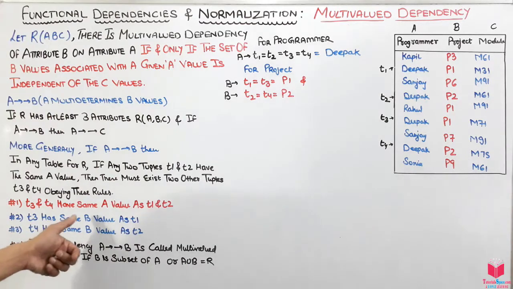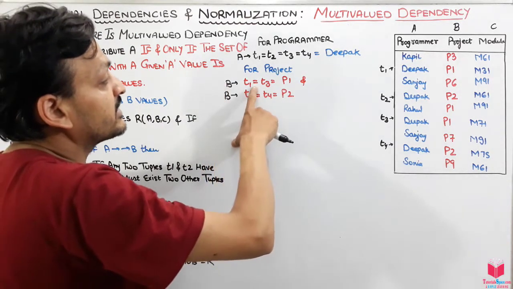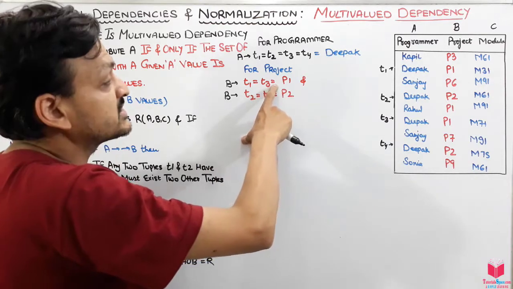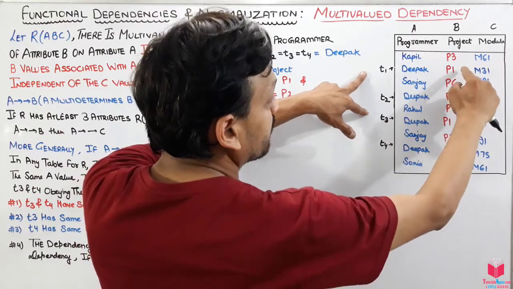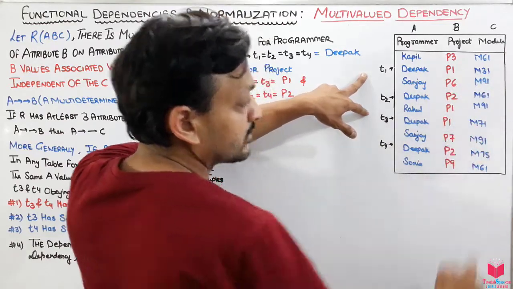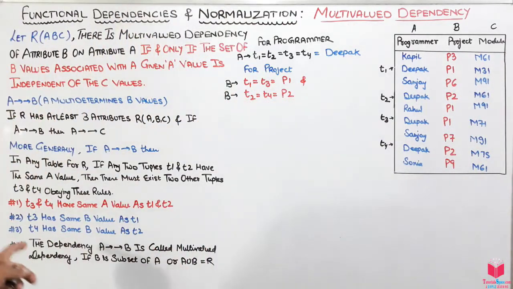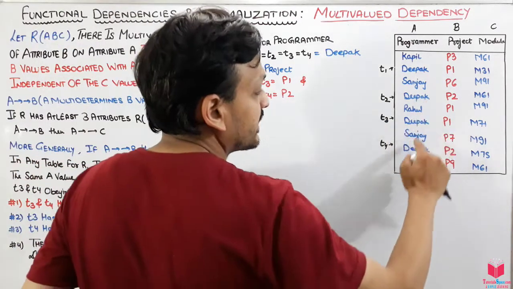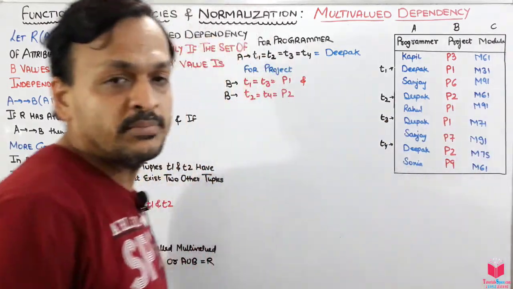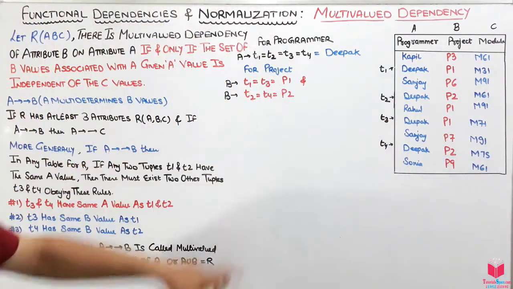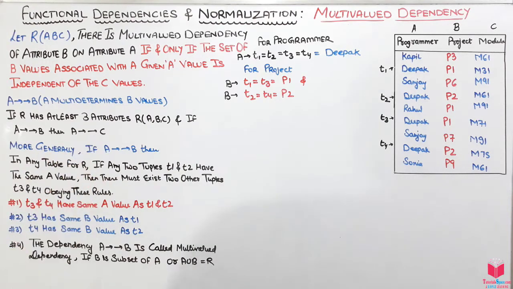Now for the attribute B, T1 is equal to T3, which is P1 and P1. Now T4 has the same B value as T2. Here is Deepak, here is Deepak, the value of B is P2 and here the value of B is P2. So it proves the multi-value dependency.